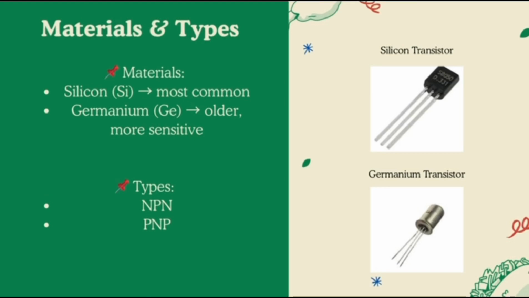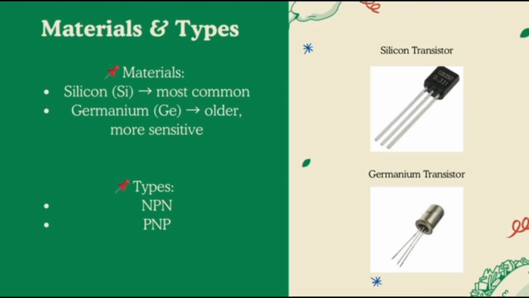And now moving on to the types of BJT. There are two main types of BJT, which are NPN and PNP. The first type is the NPN transistor. In an NPN transistor, the majority charge carriers are electrons. When a small current is applied to the base, it allows a larger current to flow from the collector to the emitter.